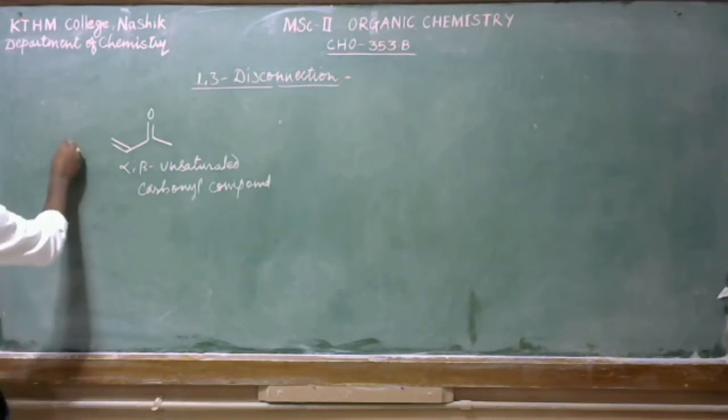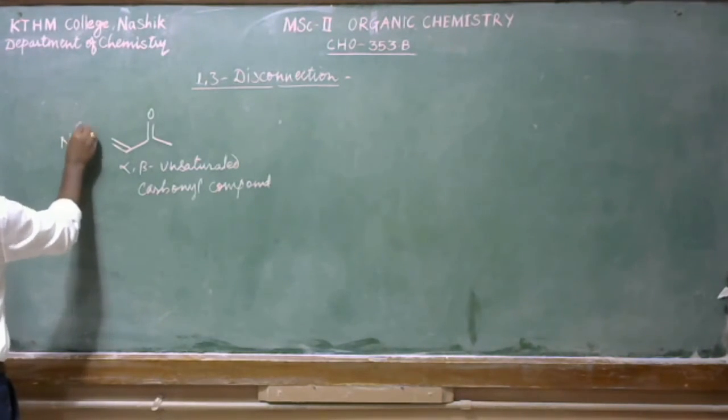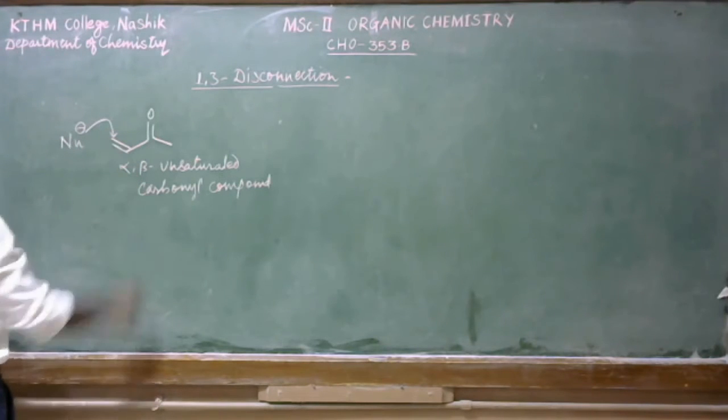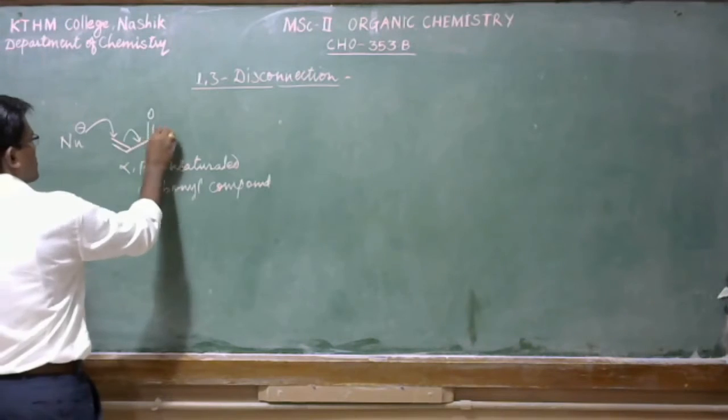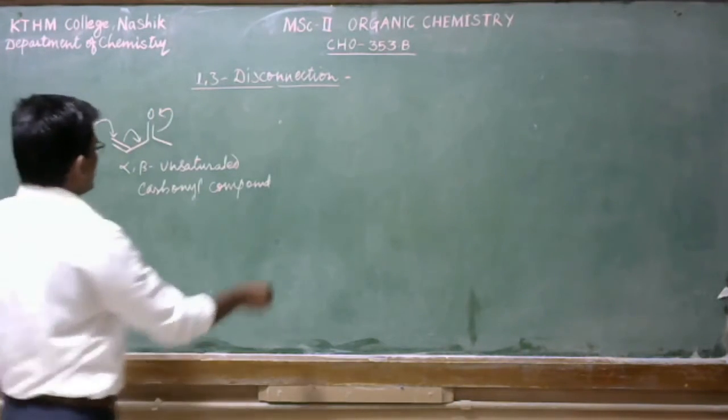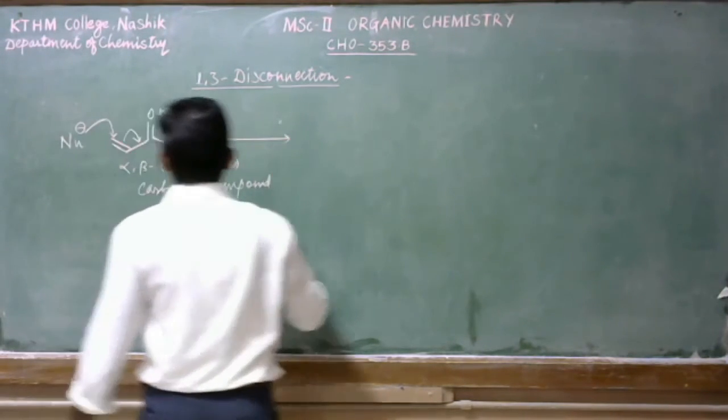So when this nucleophile attacks at this beta position, we will get this kind of intermediate.